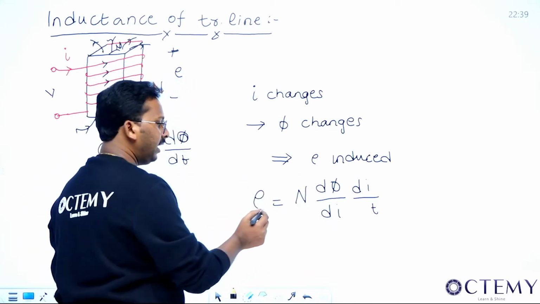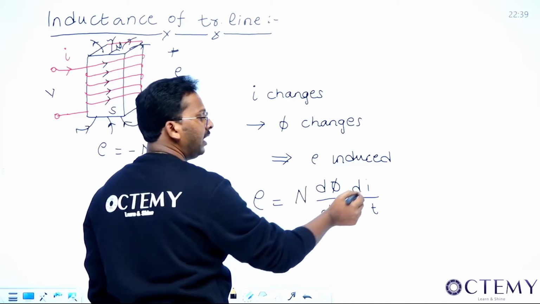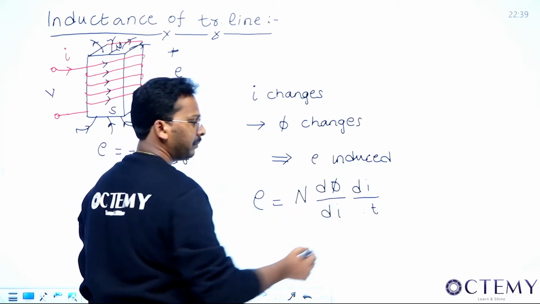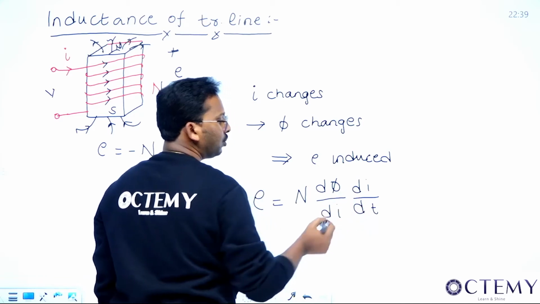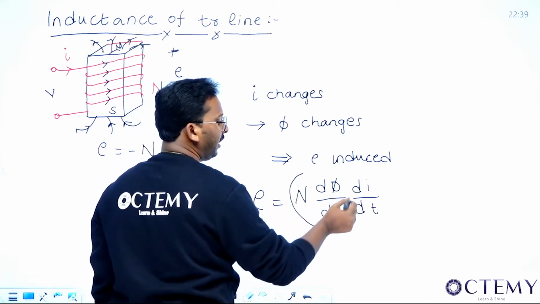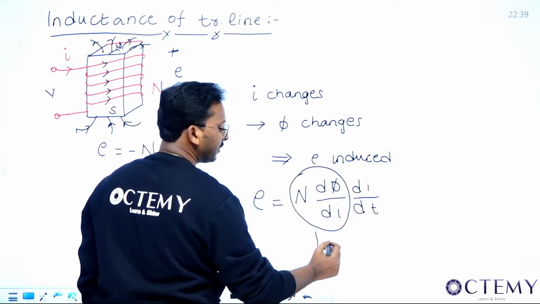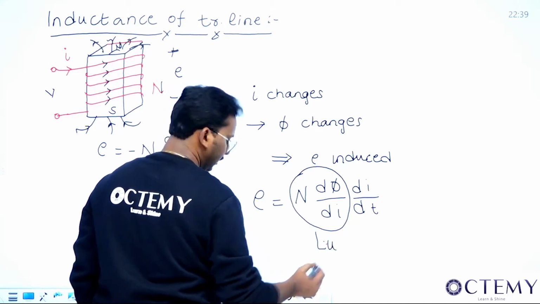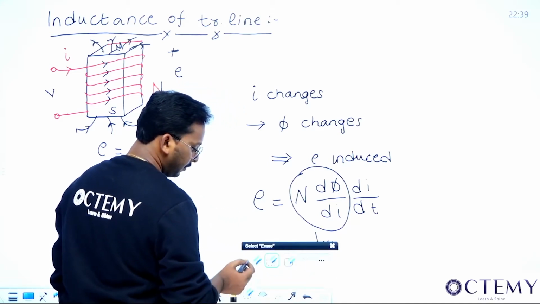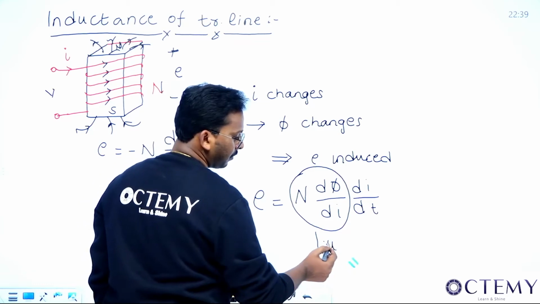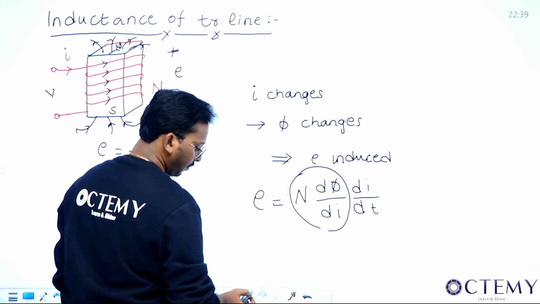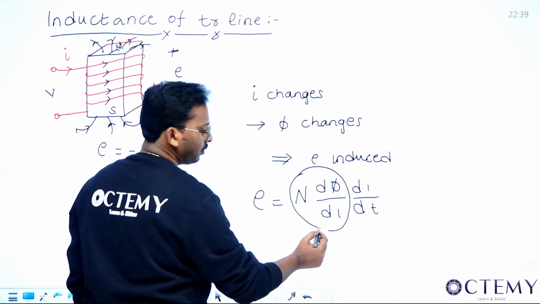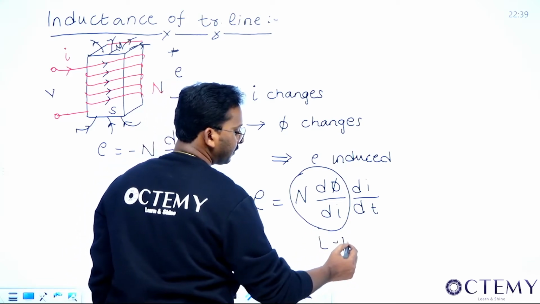So I can write E is equal to N d phi by di into di by dt. So I can call this particular N d phi by di as inductance. This is L, inductance.